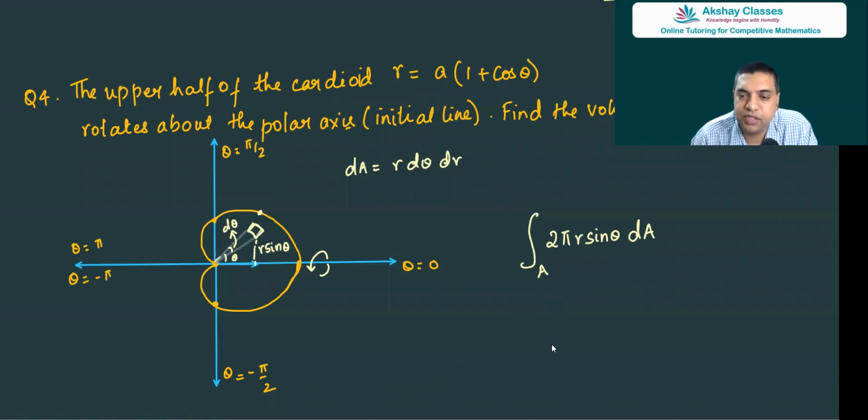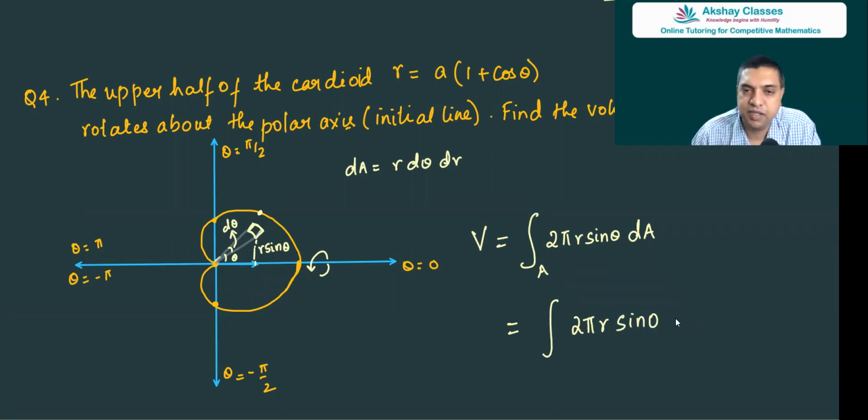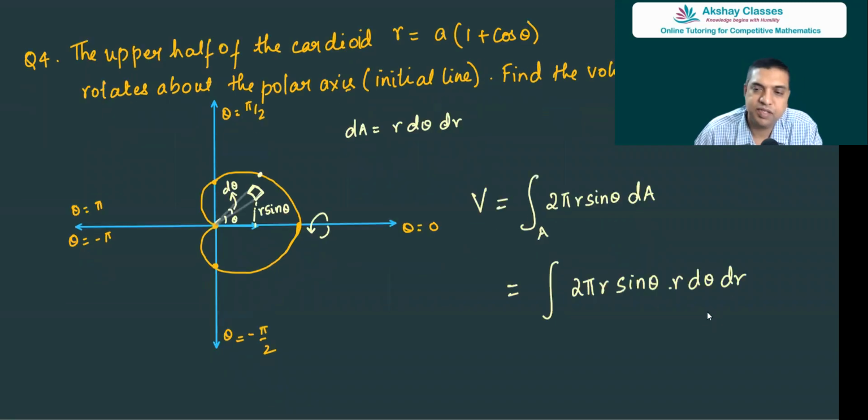So how do we do this? This is 2 pi r sine theta times r d theta dr. So now this is a double integral.